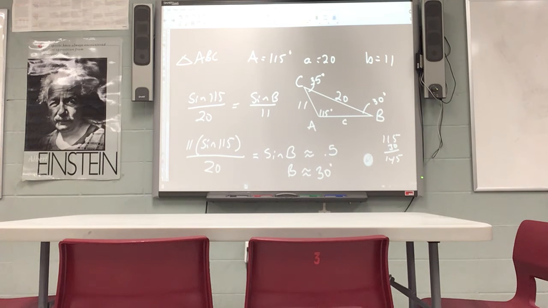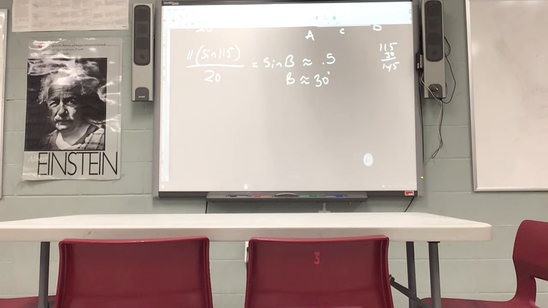Alright, side C is all we're missing now. So I would do like we started here, I would keep this stuff that we found. But then I'm missing side C, so I would put, let me scroll down here, sine of 115 over 20. And we know angle C, it was what? 35.